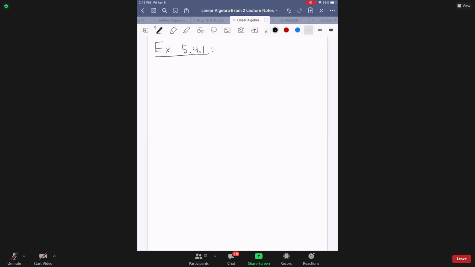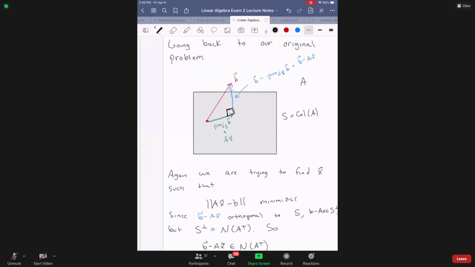Find a least squares solution to the data. What did we use in the beginning?